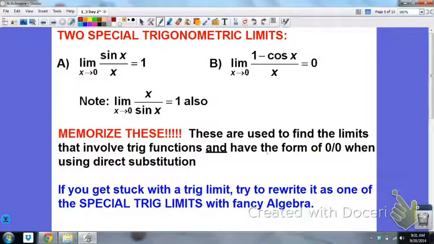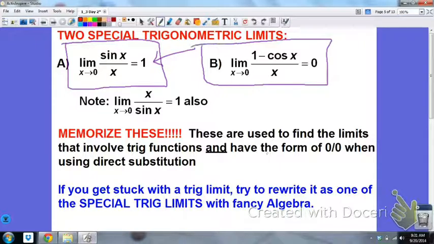Here we have the beginning of the memorization of what we need to know with limits. There are two special trigonometric limits that we must memorize. The first is the limit as x approaches 0 of sine x over x is 1, which we just kind of saw using the squeeze theorem. The second limit that we need to memorize is the limit as x approaches 0 of 1 minus cosine x over x is 0.